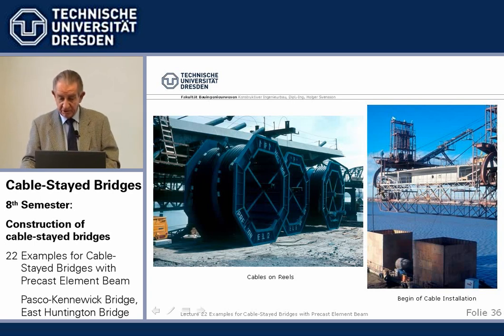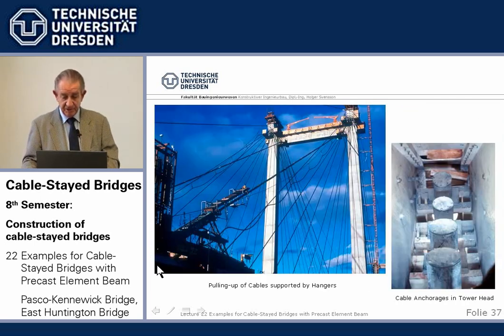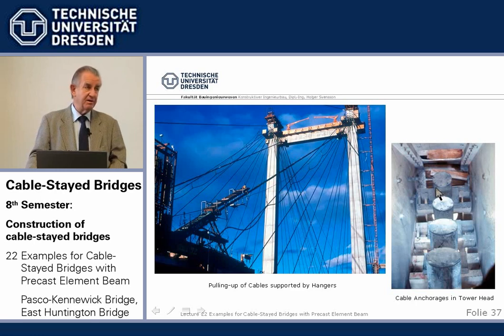So here they go up, this banana as we called it, the cable guide pulled up, and here we see what the picture was. We have the high line, we have the hangers, and we have the actual cable supported by the hangers pulled up, threaded into the passive anchorage in the steel tower heads.